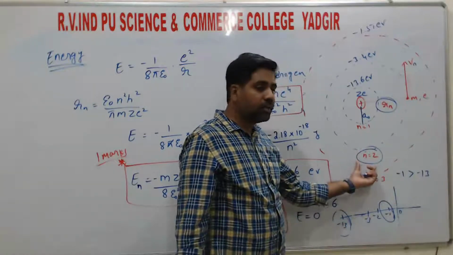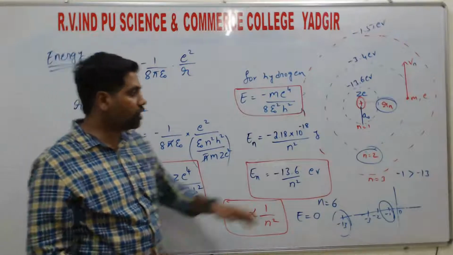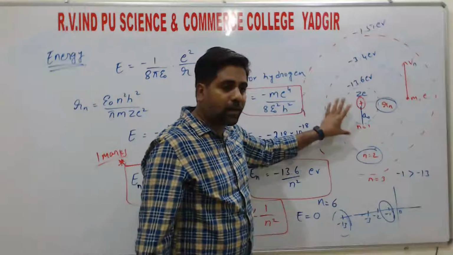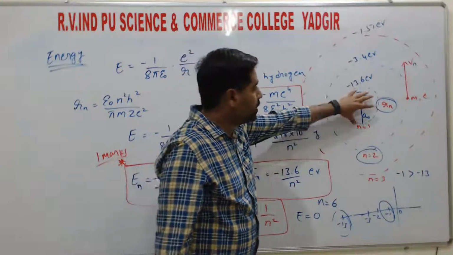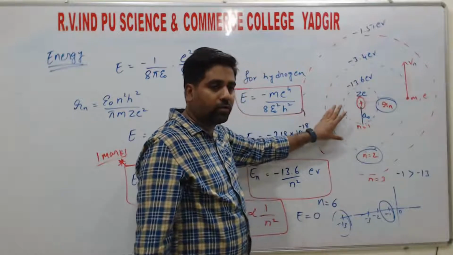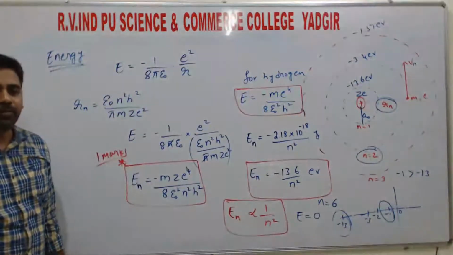Here the electron is free from the atom. So the atom is completely ionized, with only the positive charge. That's why the negative sign is important.